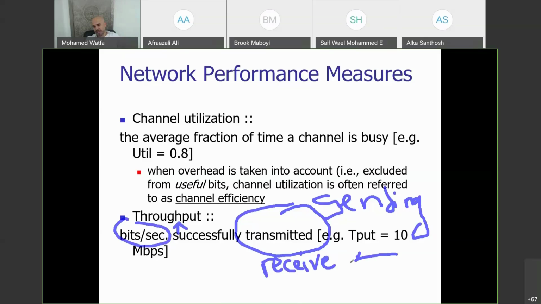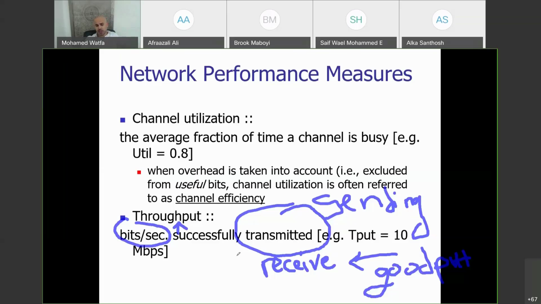Bonus point. I mentioned it before. Anyone? Okay. Good put. I mentioned it. The lecture is till 1:30. Okay. So how much I'm sending is throughput. How much I'm receiving is good put.